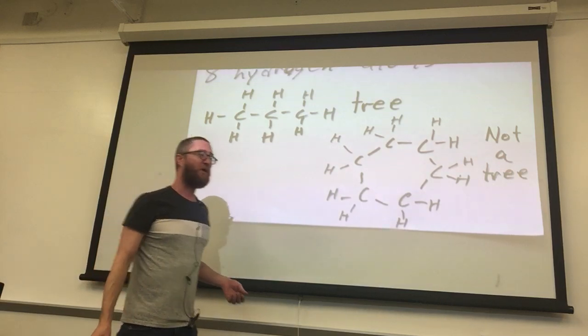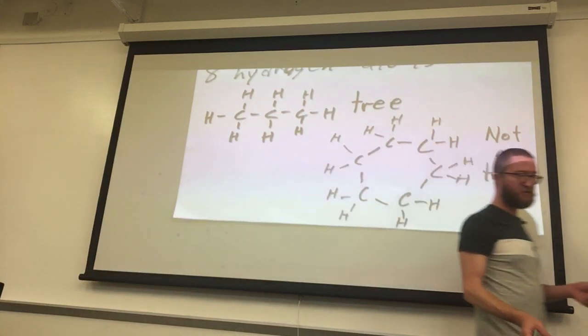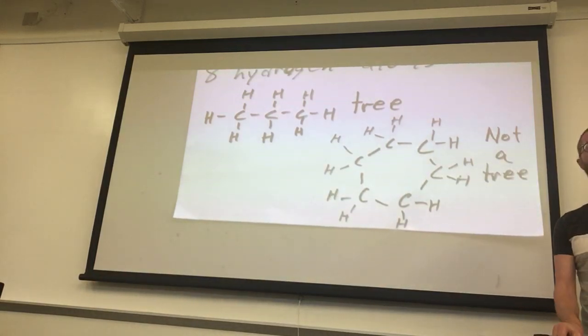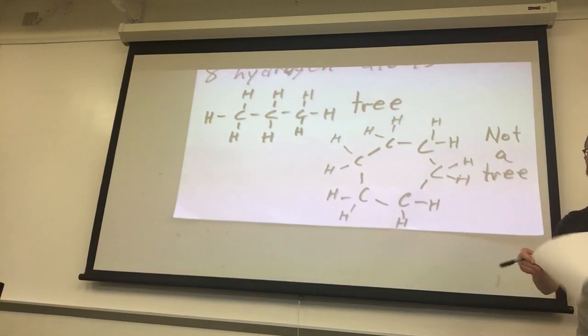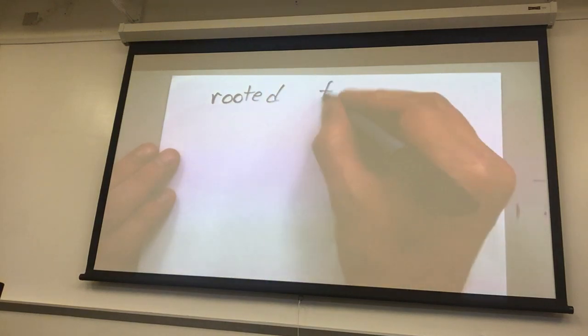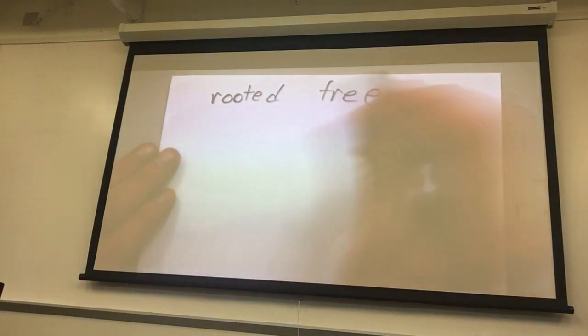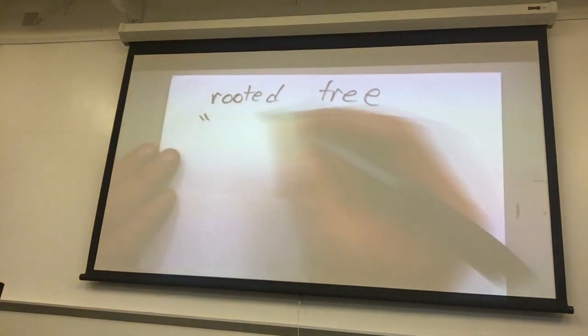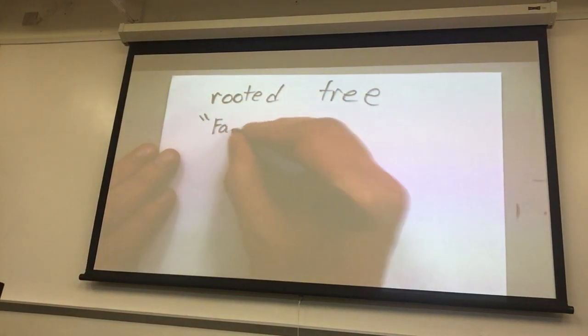Okay. Well, another example of something that is a tree, or a rooted tree, for example. People don't do this, but I'm just going to say it. Call it a family tree.